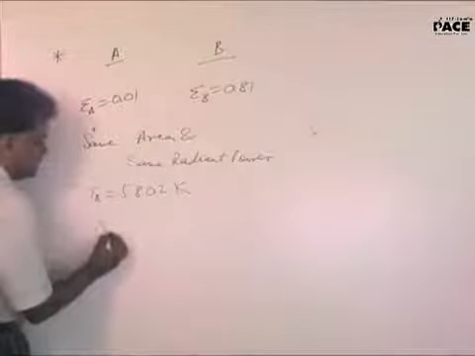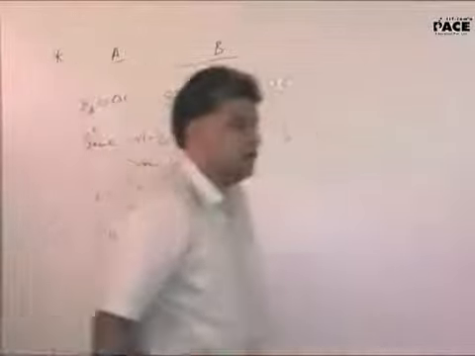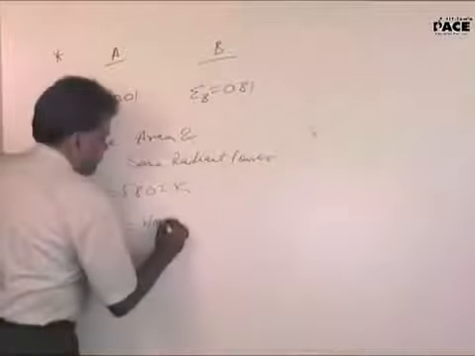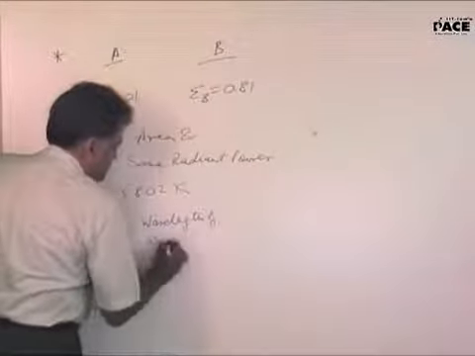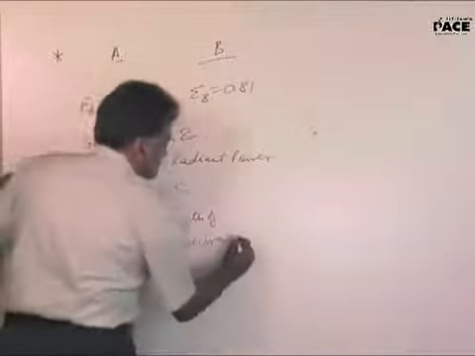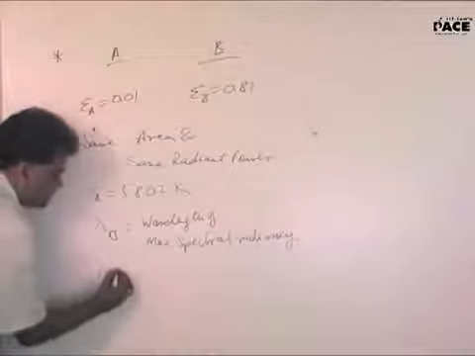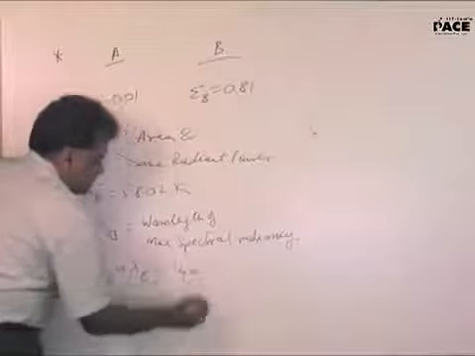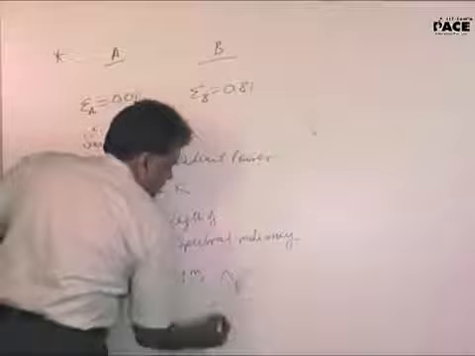Let lambda be the wavelength corresponding to maximum spectral radiancy. It's given that the difference of lambda A and lambda B is 1 micrometer. Can you find what is lambda B and what is TB?